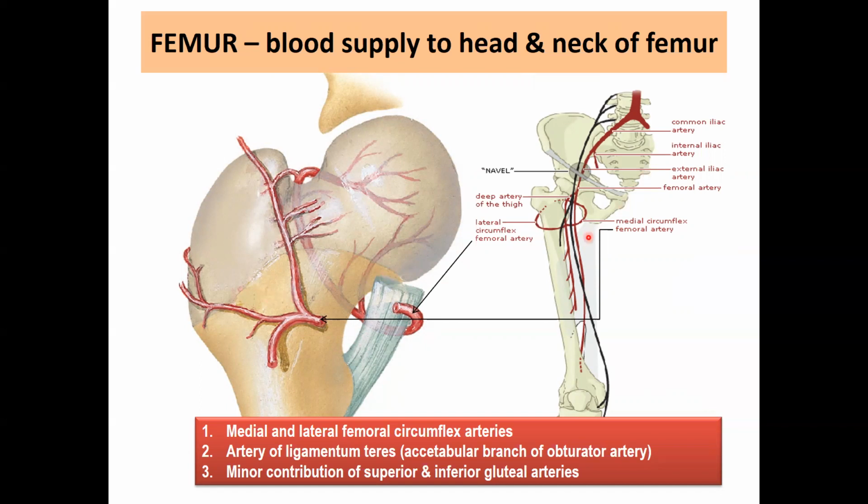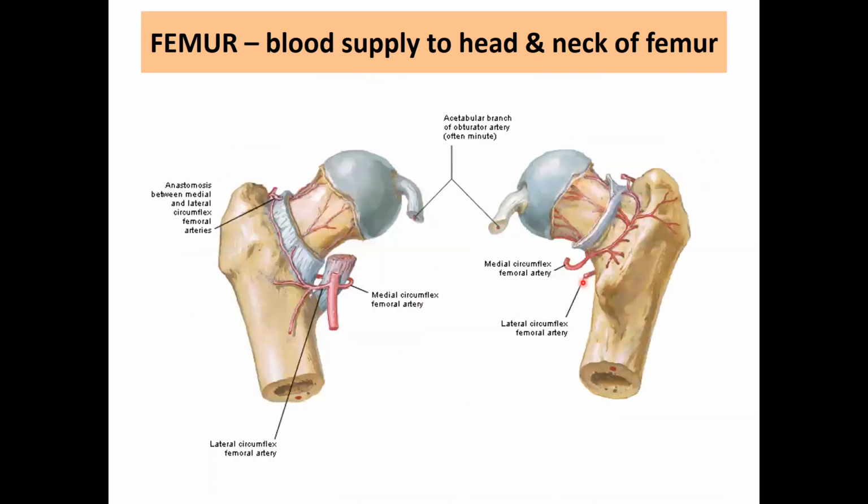And there is the artery of the ligamentum teres, remember, the ligamentum teres that attaches to the fovea of the head of the femur. So there is an artery called the acetabular branch that arises from the obturator artery. Number 3 is the minor contribution of the superior and inferior gluteal arteries, not in this picture.